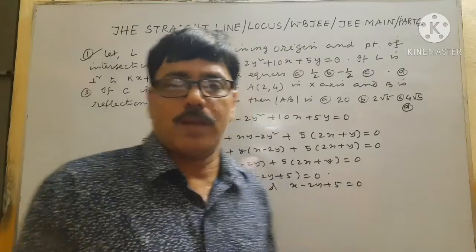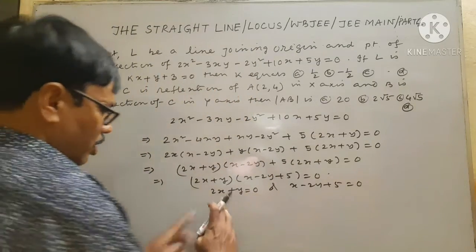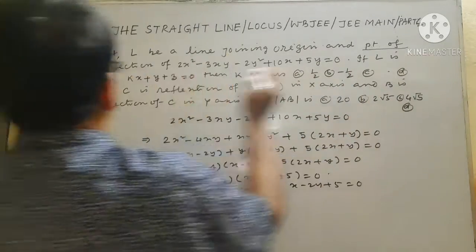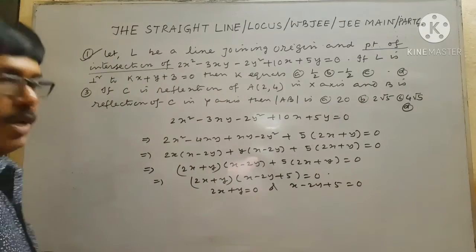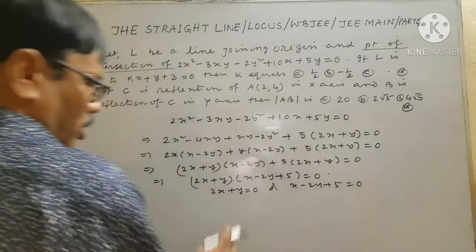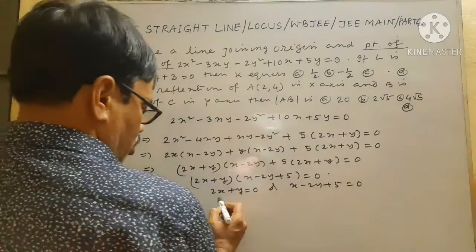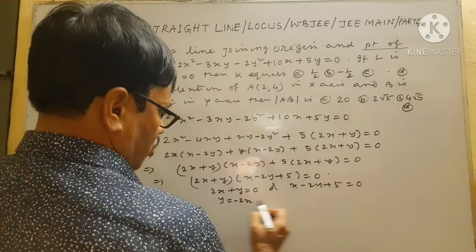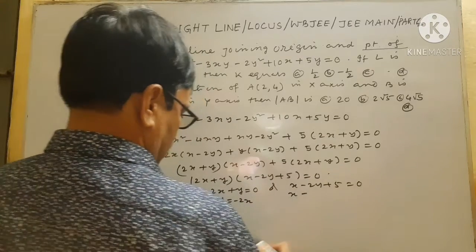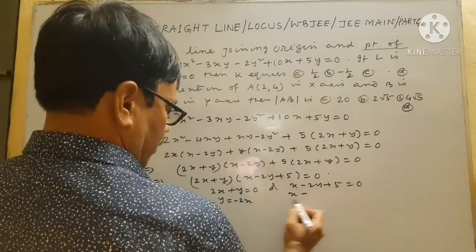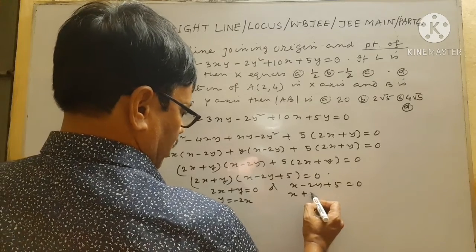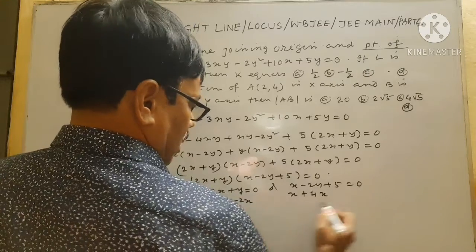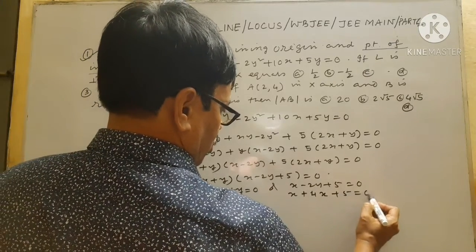Now we have to solve these two equations to find the point of intersection. So this is 2x plus y. So what is y? y equals to minus 2x. So x minus 2 into minus 2x, so this is 4x plus 5 equals to 0.